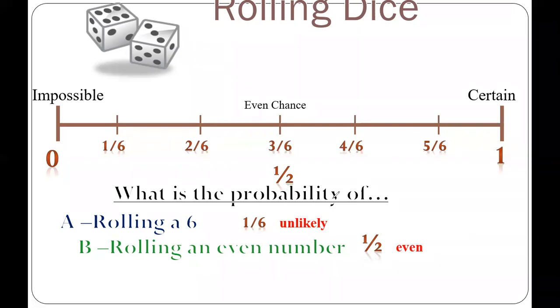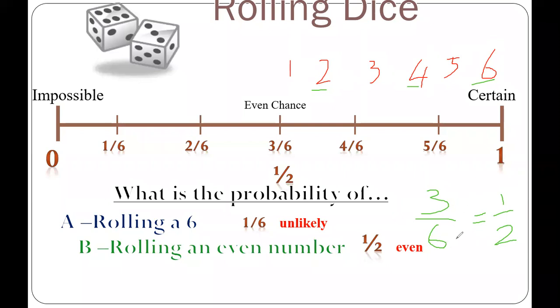I'm going to write here 1, 2, 3, 4, 5, and 6. Let's underline the even numbers. 1, 2, 3. It's half, or you can say 3 out of 6, and you can simplify it. 3 divided by 3, 6 divided by 3 is 2, so it is 1/2.